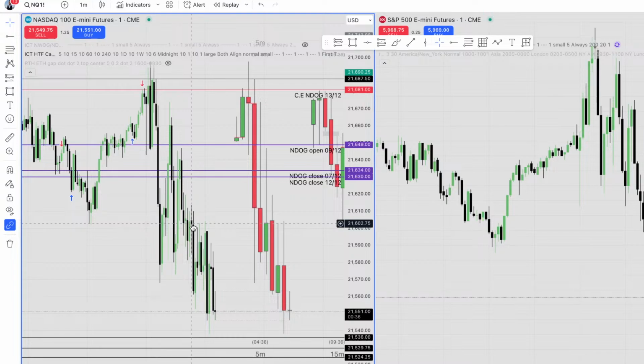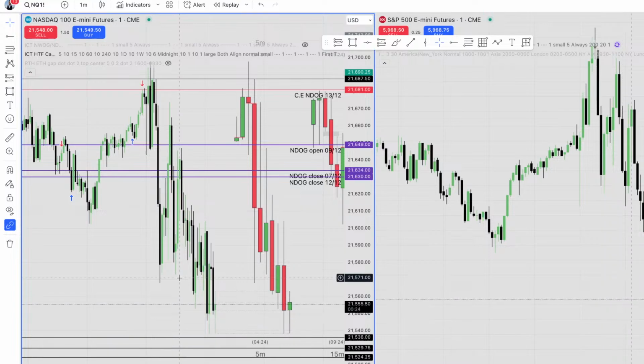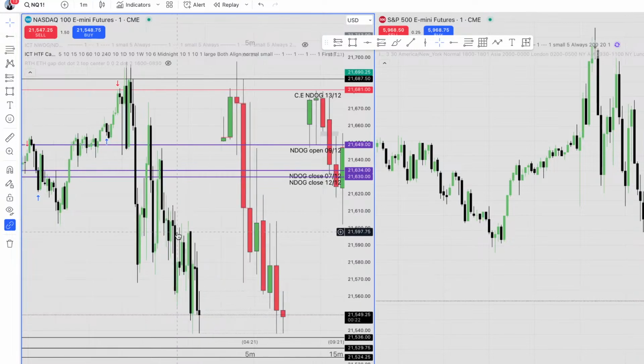I will be back at 10:50, because this is bad. It's not respecting anything. No gaps, no inefficiencies. This is the definition of high resistance liquidity.